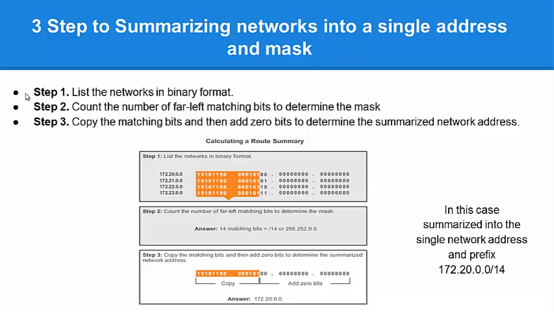In this case, the summarized network is 172.20.0.0/14. The commands in order to accomplish the route summarization are the ones shown in the next picture.